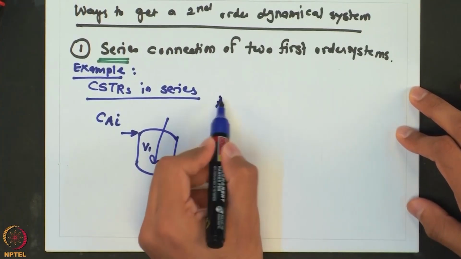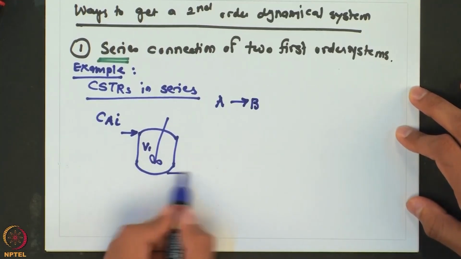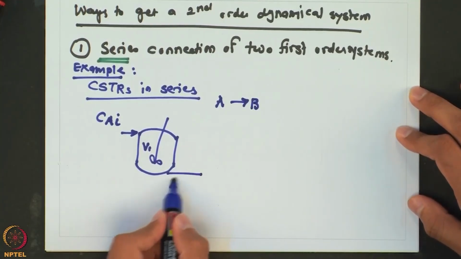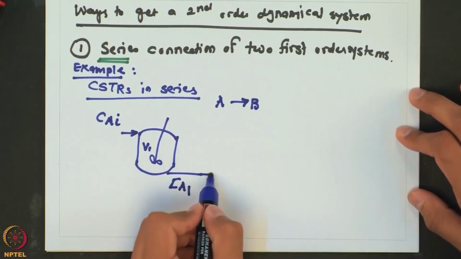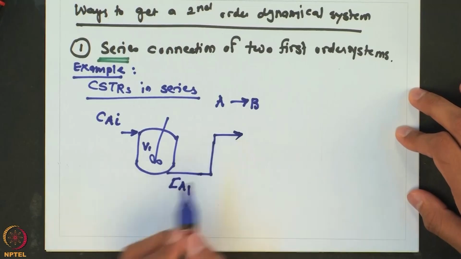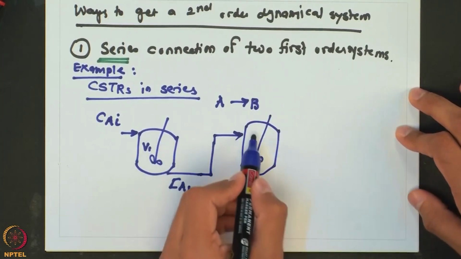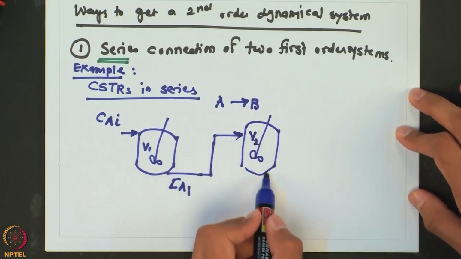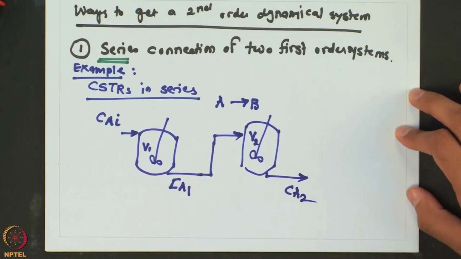The reaction we are going to consider everywhere is a simple reaction A going to B, and the output of this is going to be CA1. This output goes to a second CSTR which has volume V2, and what you get out is the final product, which is CA2.